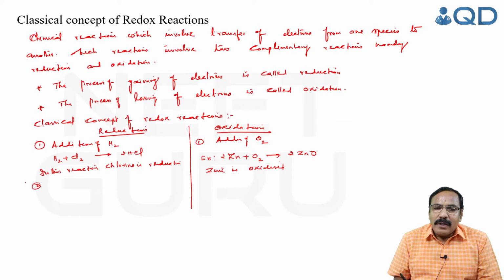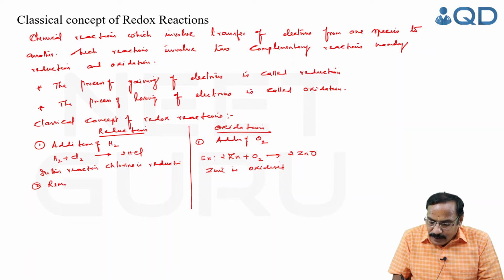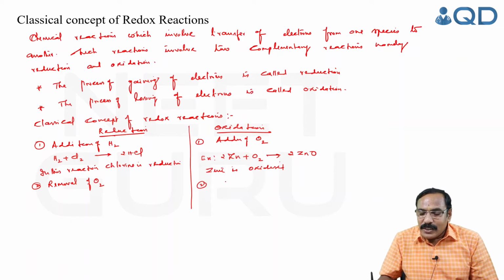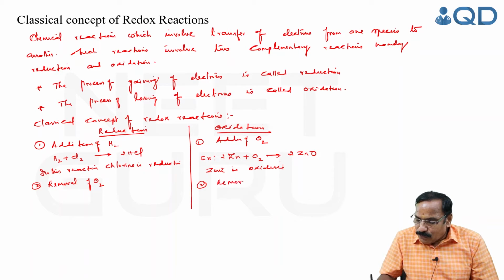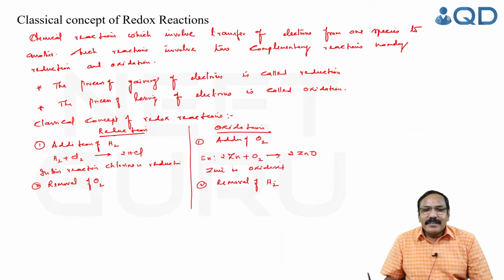The second one is just the reverse. Reduction is removal of oxygen. Oxidation is removal of hydrogen. So, this is the classical concept.